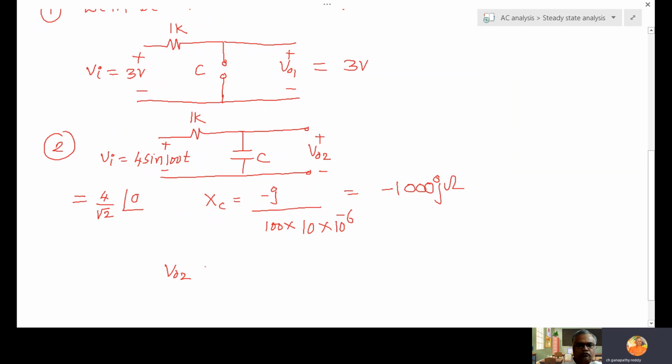Therefore V02, now using the voltage division formula, 4 by root 2 at an angle of 0 into minus 1000j, divided by 1K, meaning 1000, minus 1000j. So these three zeros cancel. Now we need to simplify this.